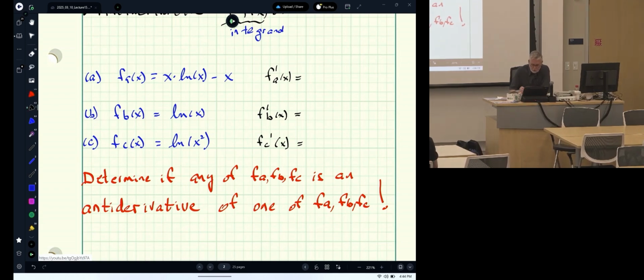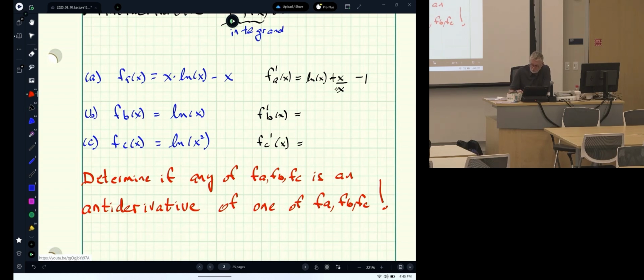So look, we differentiate x, we get 1, so this is logarithm. So it's the derivative of the first one times the second one, minus x times the derivative of log of x, which is 1 over x, and then minus 1.